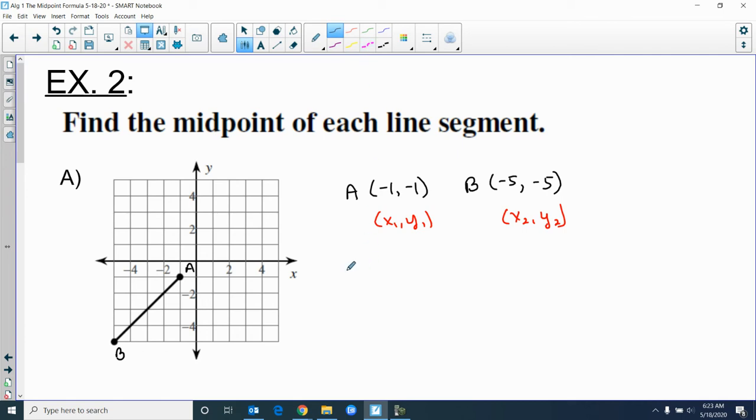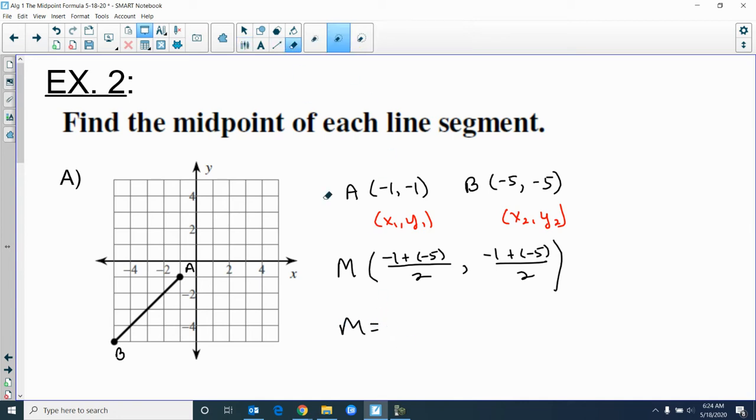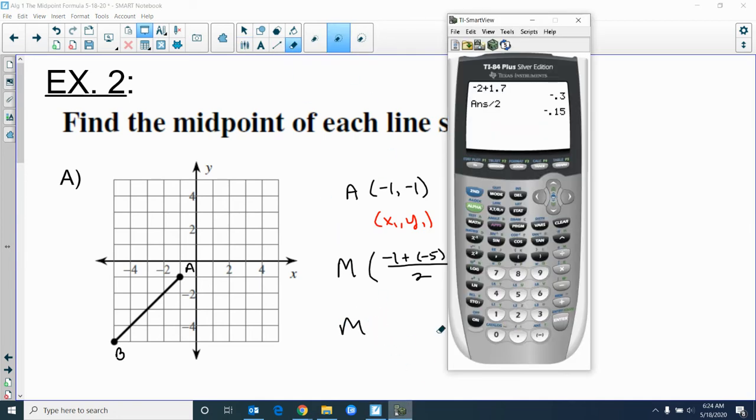And so my midpoint, add the x's, negative 1 plus negative 5 over 2 and then -1 plus -5. They actually happen to be both the same because both the x's are the same and both the y's are the same. What's -1 plus -5? That's going to be -6.